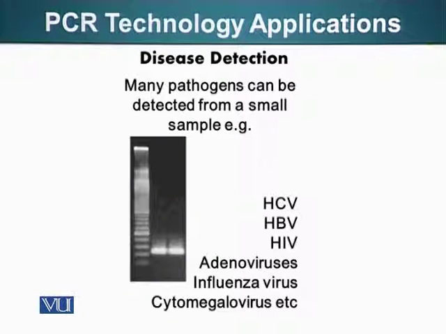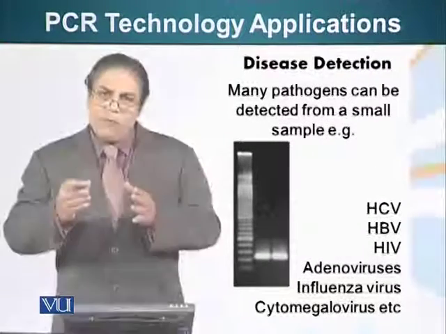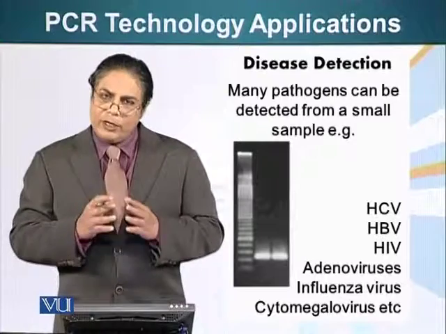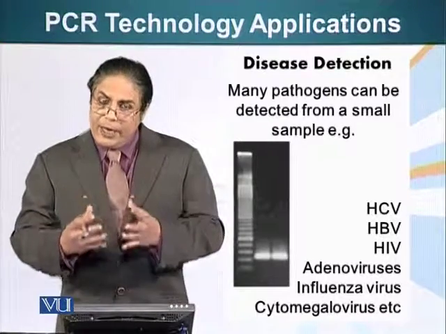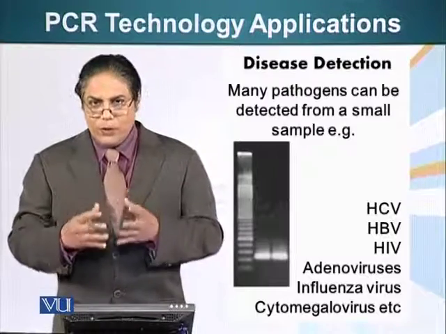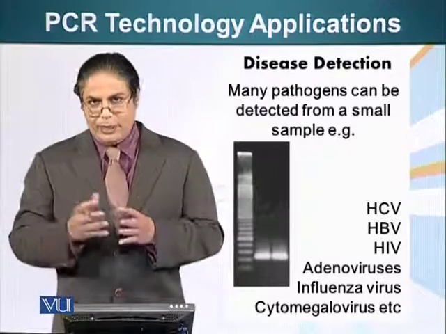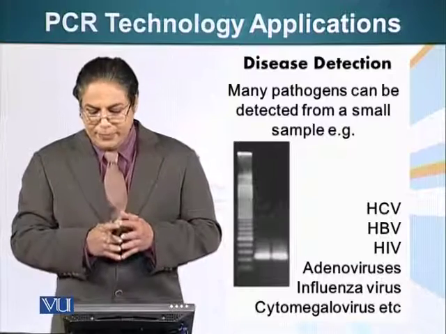Initially, detecting a virus was a big challenge because the initial technique, which is called ELISA, was dependent on the amount of protein present in the sample. So very low quantities of virus could not be detected, because we need enough protein to be able to detect it by ELISA method.